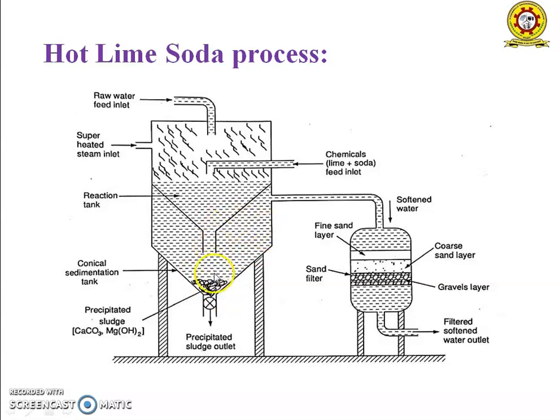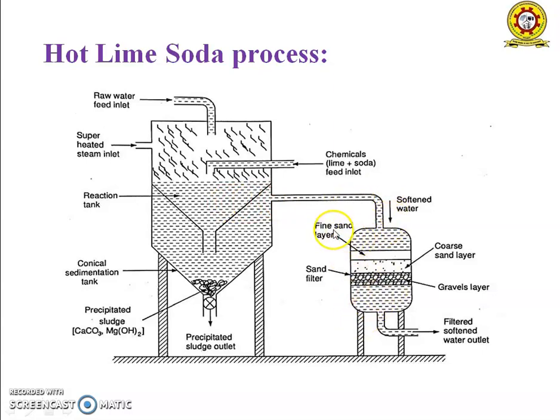Some of the sediments are collected below, that is precipitated sludge, which contains CaCO3 and Mg(OH)2, collected at the bottom. This control valve is used to remove the precipitated sludge by opening the valve. By the outlet of this sludge, we remove the impurities. And once the impurities are collected downwards, the soft water enters into the softened water tank.